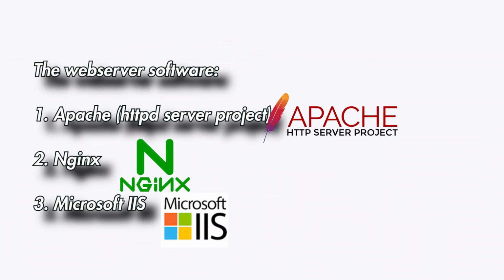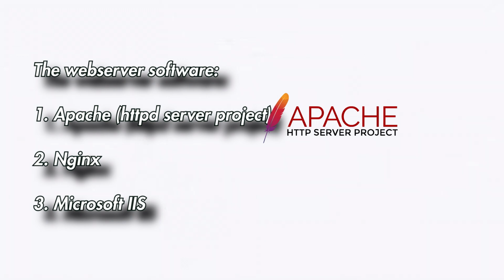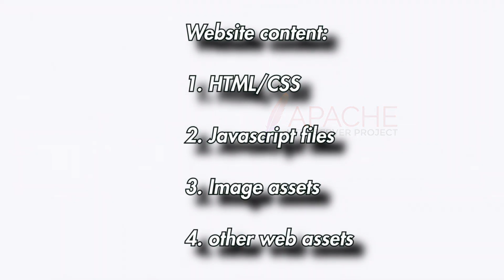The web server software. Now, this is the software that's on the host machine that listens to requests from the web browsers of client machines and sends back the appropriate content. Some common web server software programs include Apache, Nginx, and Microsoft IIS. And in this tutorial, we're going to be focusing on Apache.